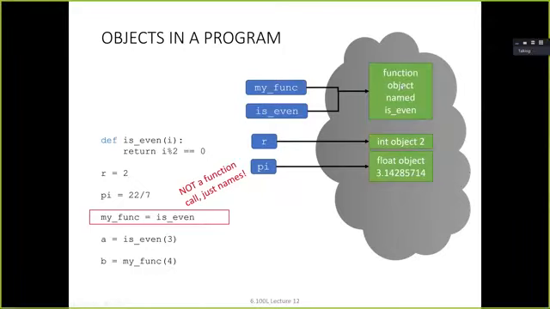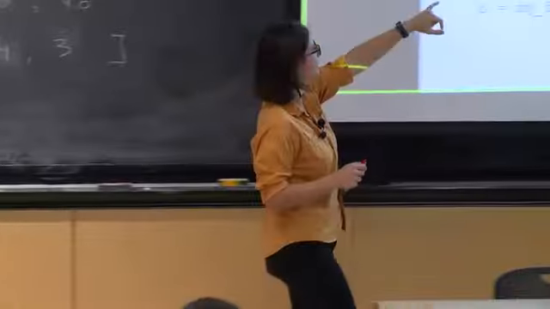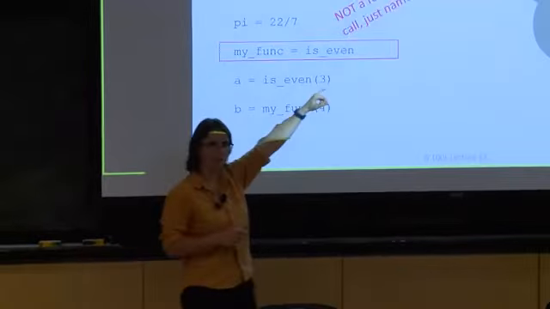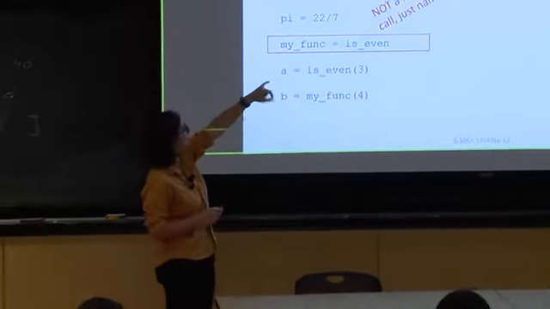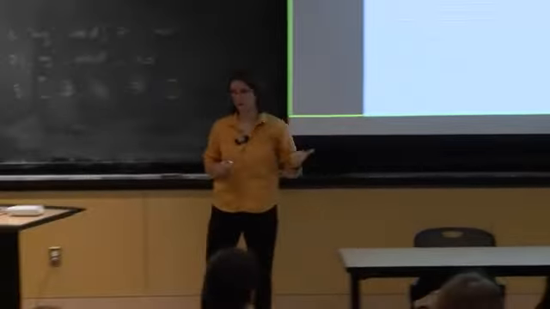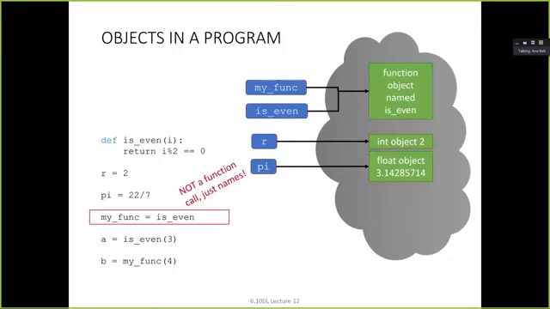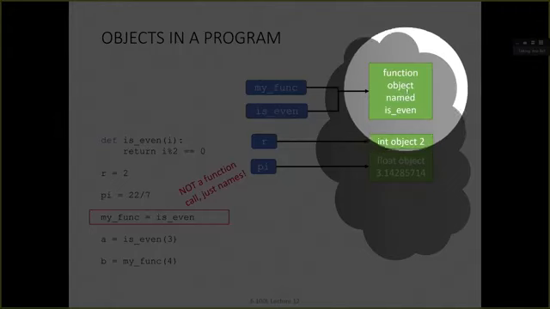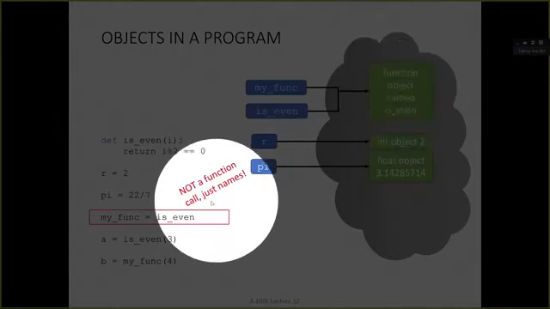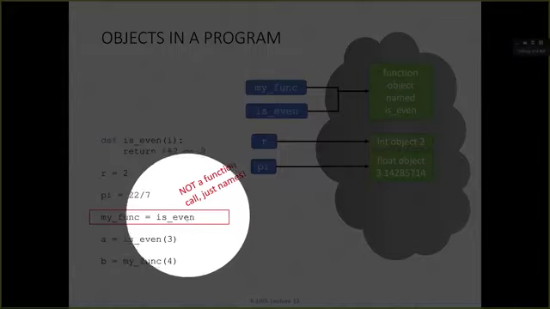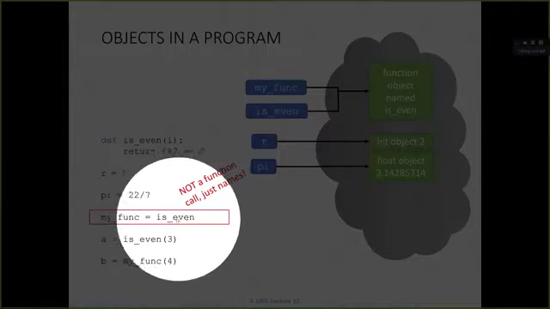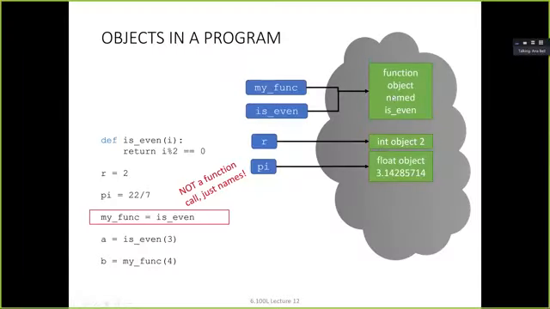Here, the name isEven refers to that function object, and I'm telling Python that I would like to refer to that function object using the name myfunc as well. So both myfunc and isEven are names that point to this object in memory. It's not a function call. I'm not trying to figure out if some number is even. I am literally giving another name to this function, this code, that does this thing here.